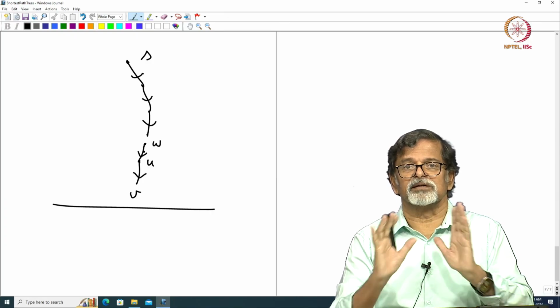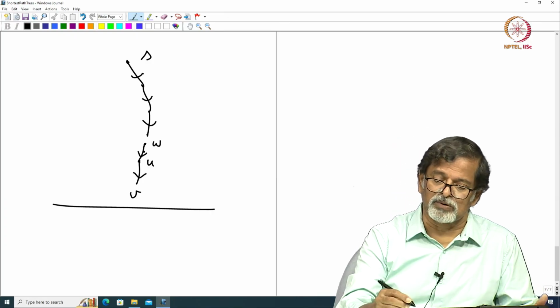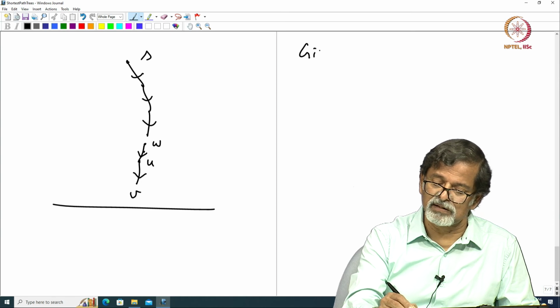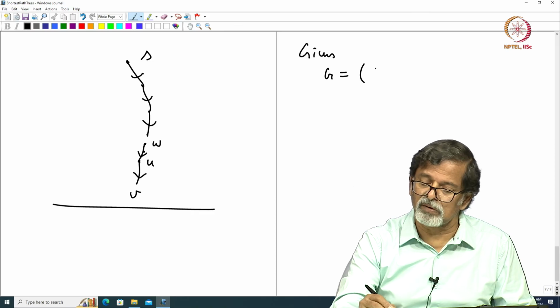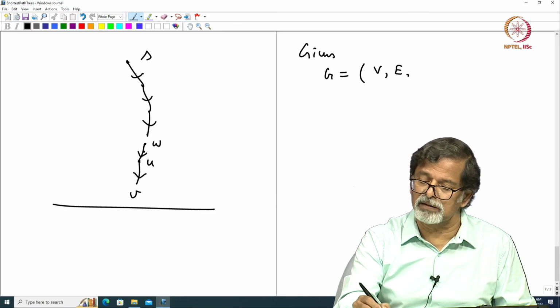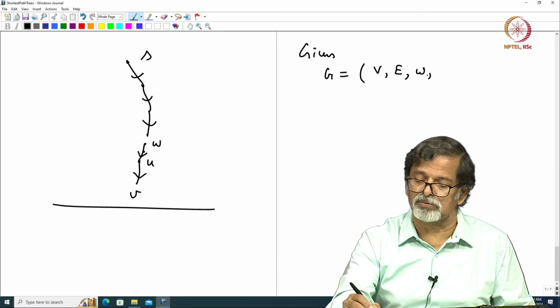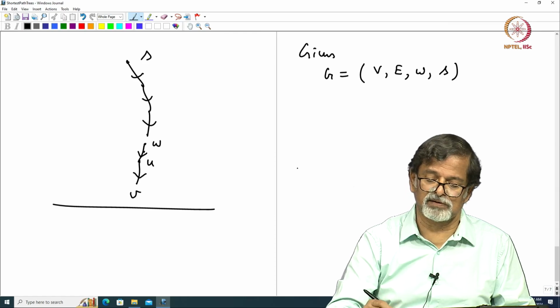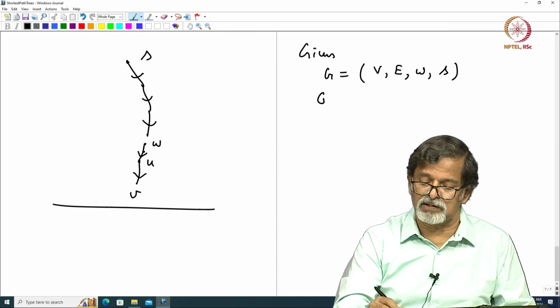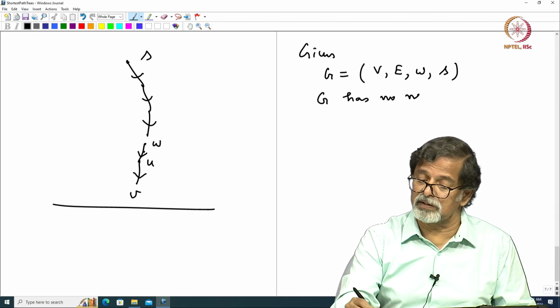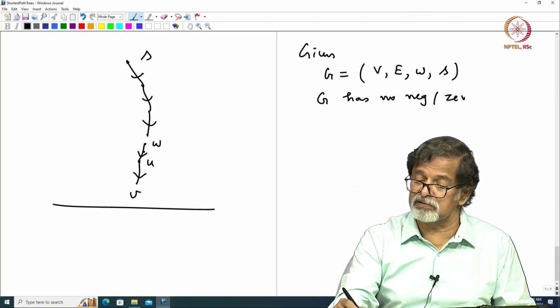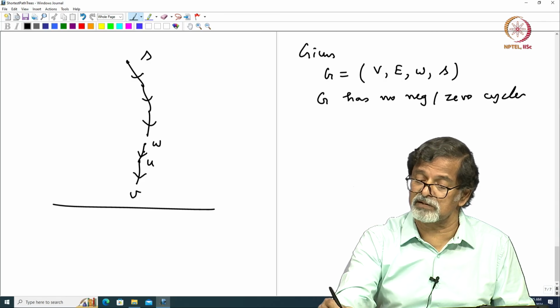Okay? Therefore, our goal is, given G equal to V E W S, G has no negative or 0 cycles.